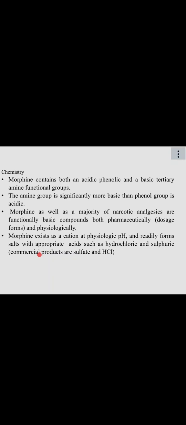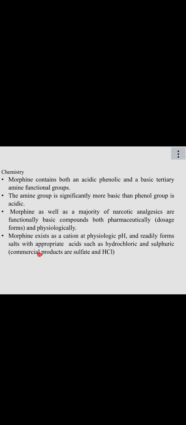If you look at the tertiary amine, it's joined to alkyl groups. The alkyl groups are electron donors. That nitrogen is not attached to an aromatic ring. So that nitrogen, knowing it has a lone pair of electrons, is highly basic, which means it can be protonated at physiological pH.